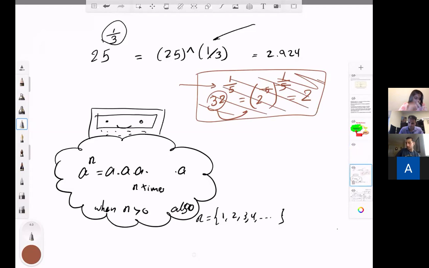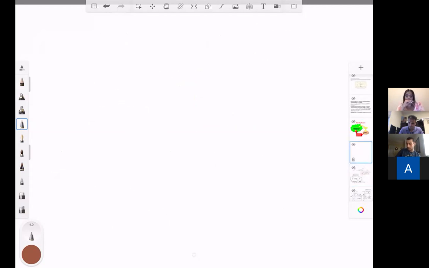Just one more question on what you're going to see on the exam. 1/2 to the power of 2/3 plus 3/8 to the power of 1/5. So a pretty ugly question.